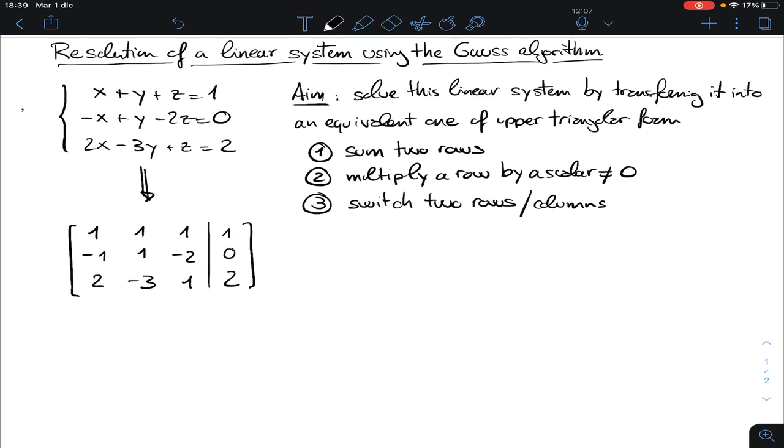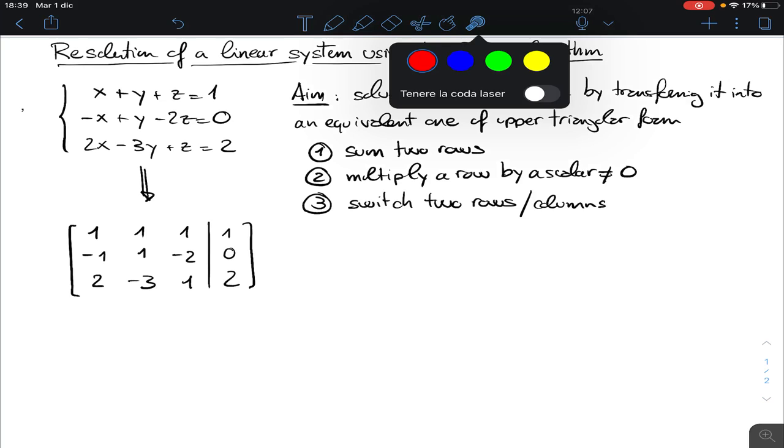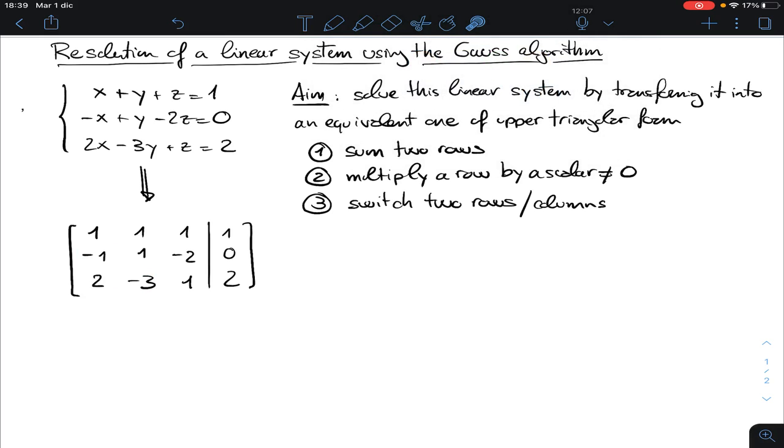As you see, this matrix is not an upper triangular matrix, because these three numbers here are not 0, and they should be 0 if the matrix was upper triangular. So now we want to transform this matrix by using the three operations above into an upper triangular matrix.